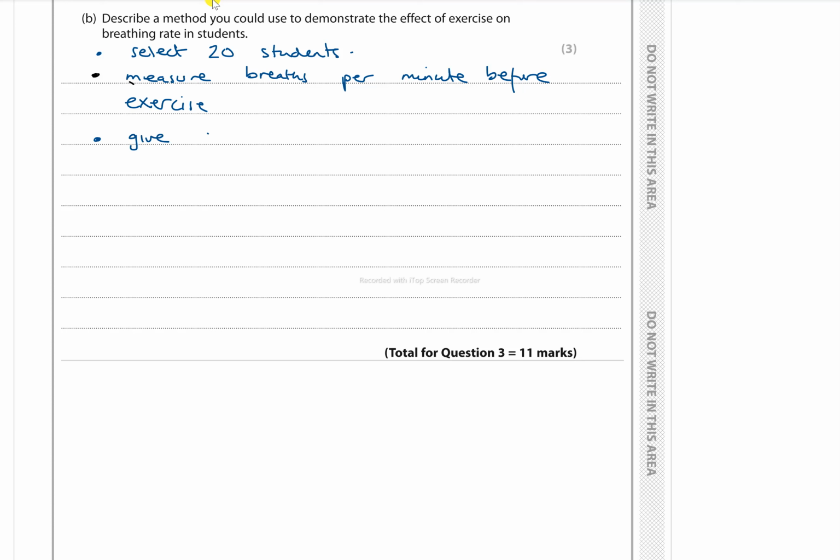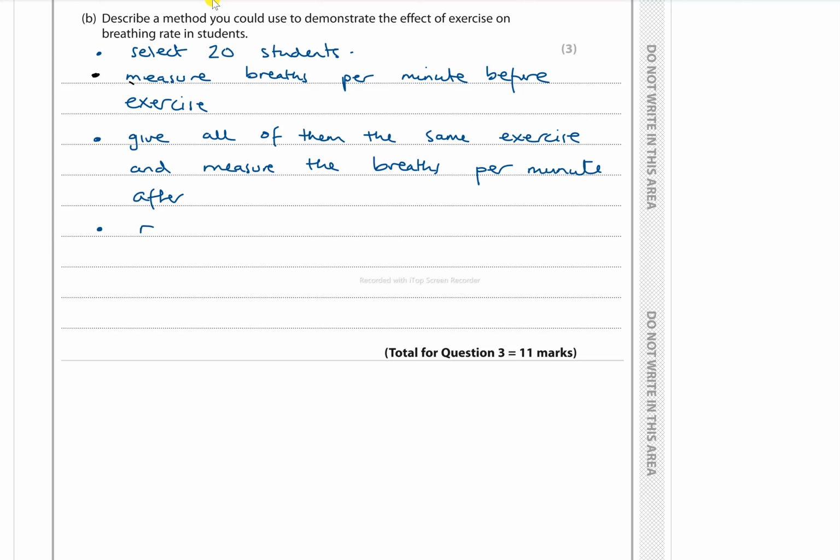Give all of them the same exercise and measure the breaths per minute after. Right.